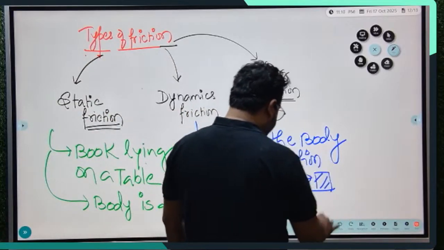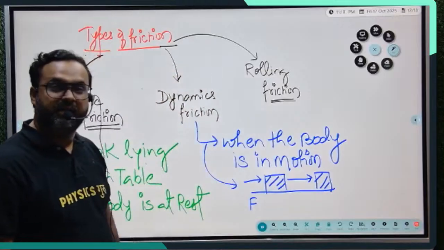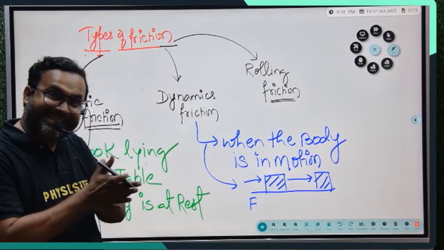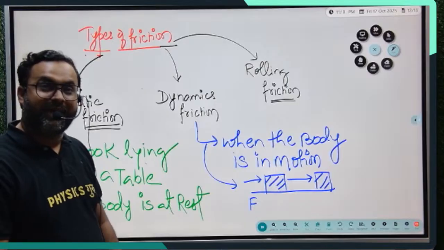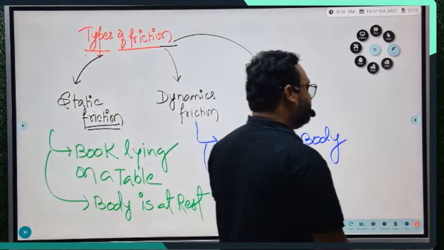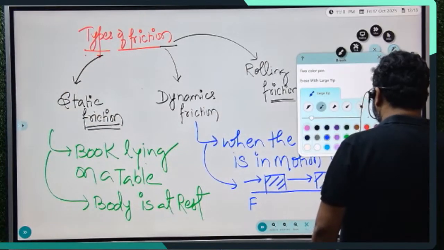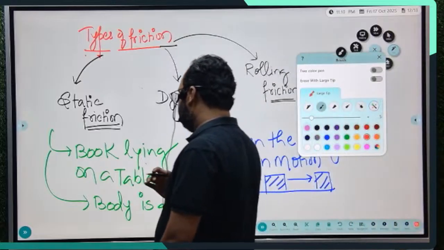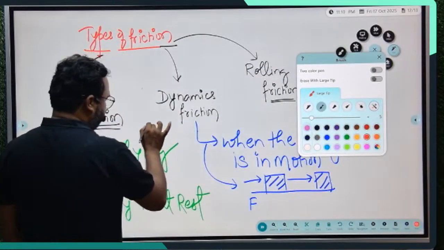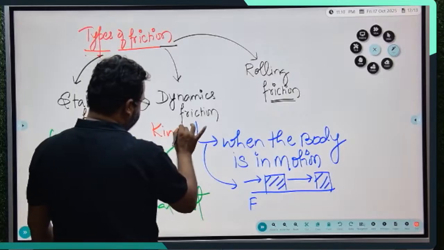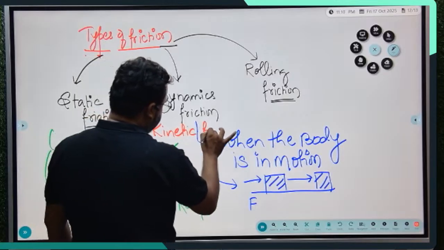When the object moves, the friction that is developed between the surface is called dynamic friction. Dynamic friction is also called kinetic friction.